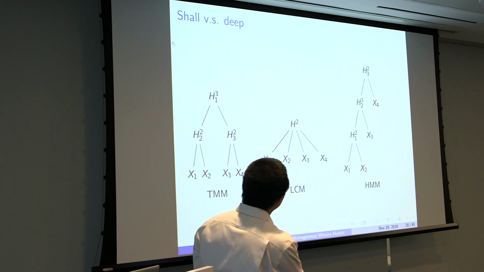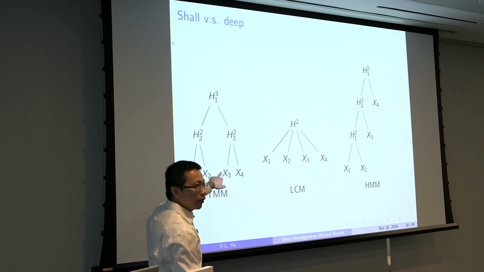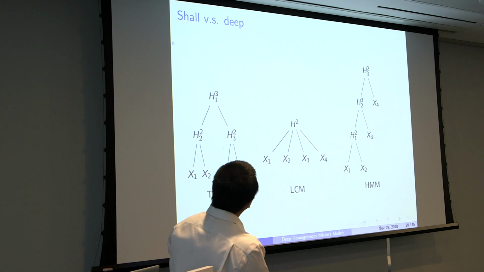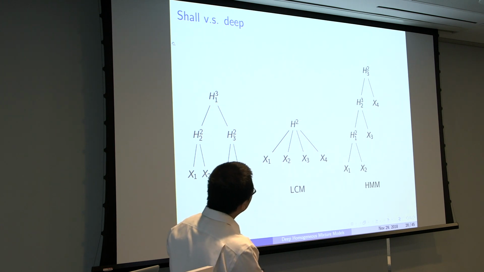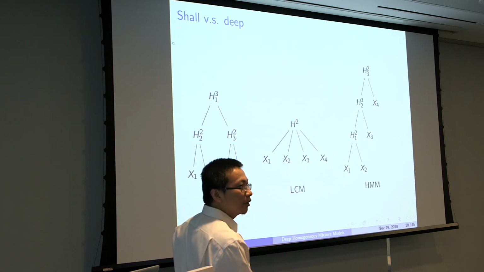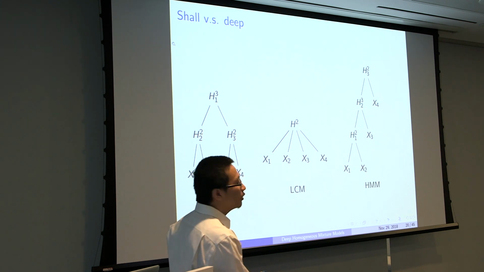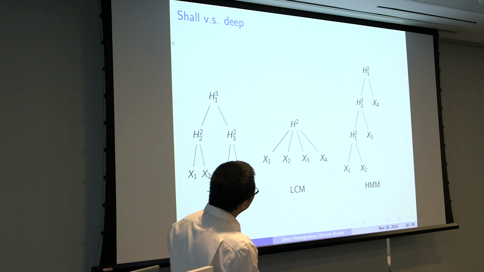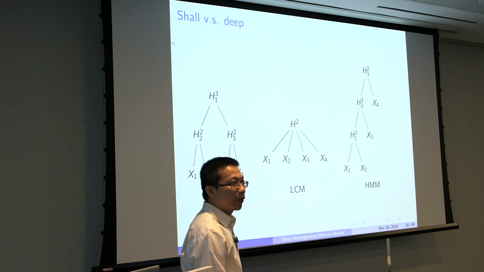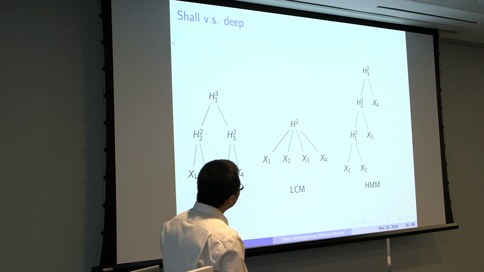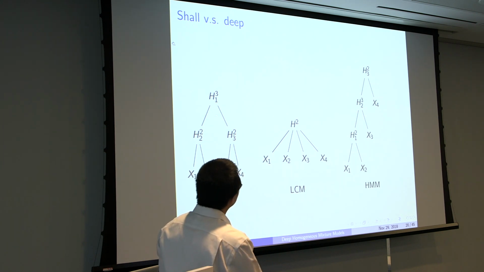Of course, I'm only showing you x1, x2, x4, the 4 observed variables. Now, if you look at these structures, it is intuitively clear this is very shallow because you only have one hidden variable. And these two structures are quite deep in the sense that you have levels of hidden variables, right? So you have this dilemma between choosing a shallow network and a deep network.